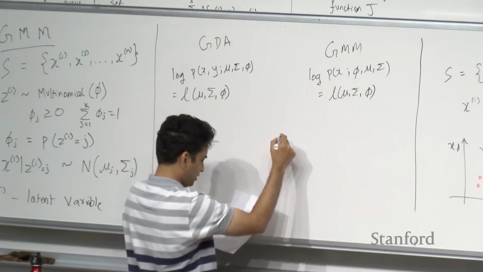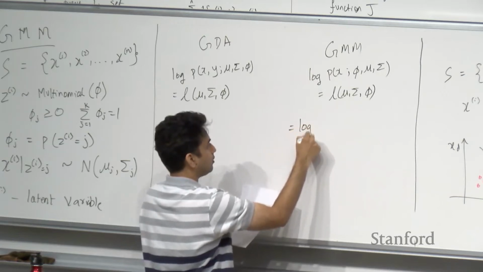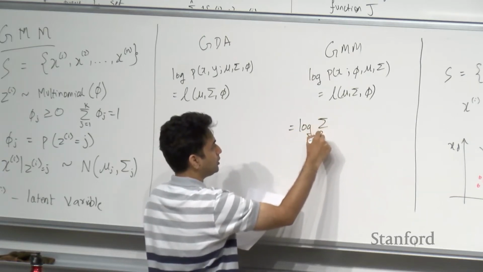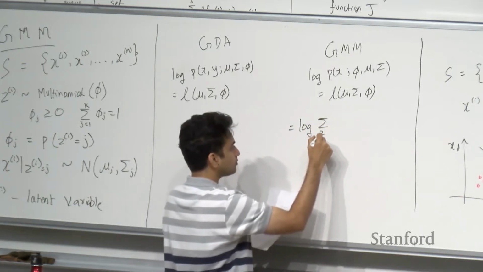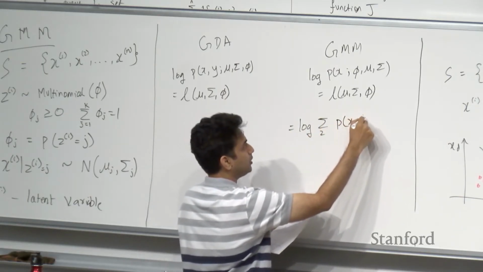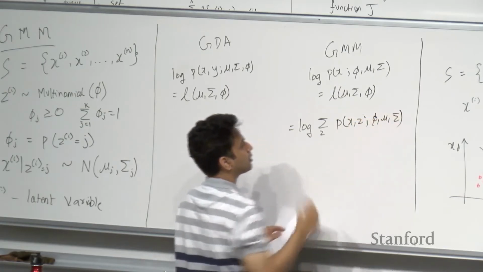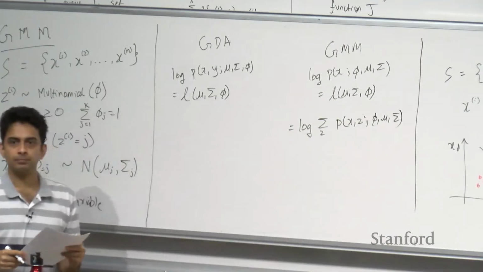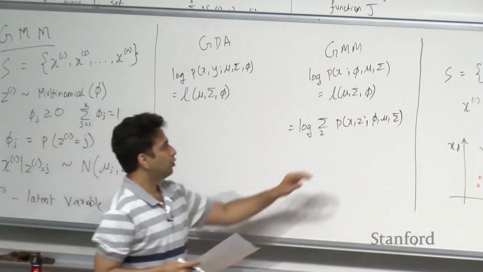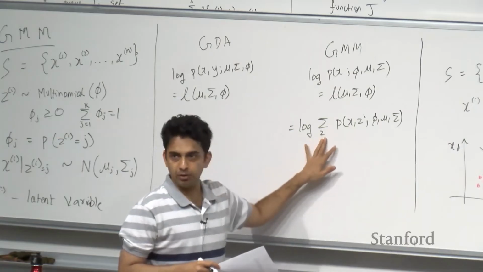And log p of x can also be written as log sum over z of p of x comma z, with phi, mu, sigma. Right? So we write out the full joint distribution and marginalize out the latent variable.